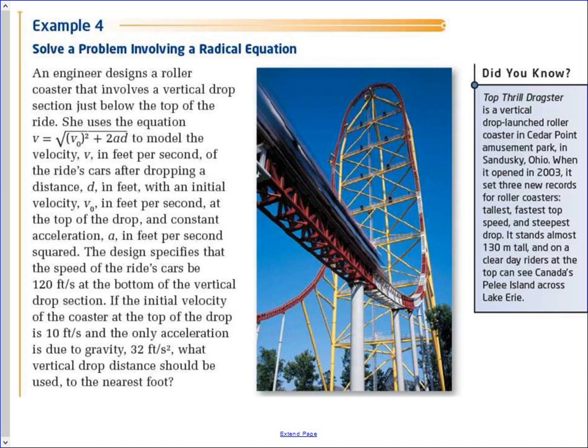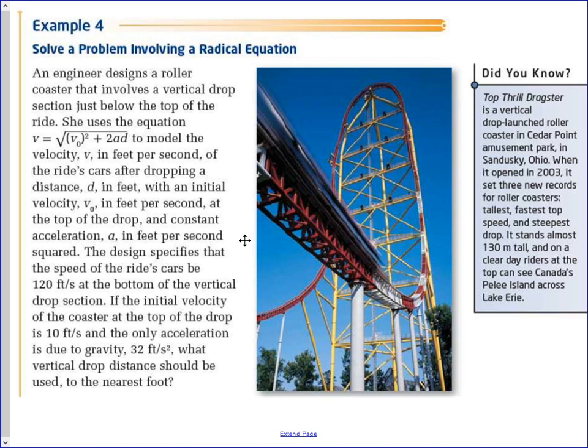Finally, example number 4, solve a problem involving a radical equation. And so we got this roller coaster here. And this is a physics 20 equation. Vf squared is equal to Vi squared plus 2AD. And so the engineer is using that equation to model the velocity in feet per second after dropping a distance in feet with initial velocity of V naught, which we would normally call Vi, in feet per second.